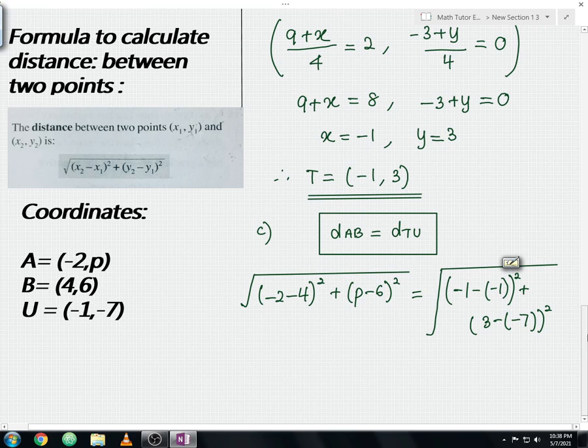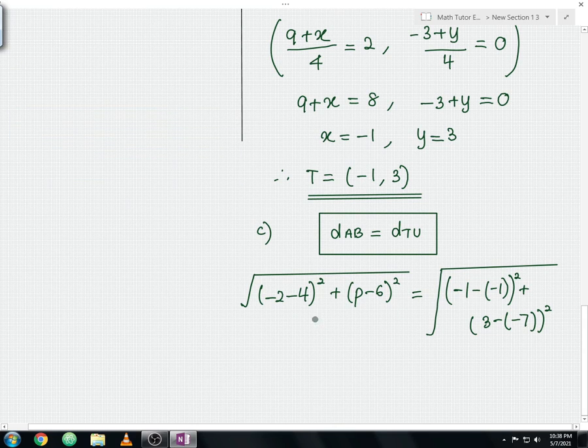Okay, so from here you calculate this. Negative 2 minus 4 you should get negative 6, so negative 6 squared you get is 36, and then plus P minus 6 squared. This expression we are not going to expand for now, we're going to hold it first. Once you have removed the square root symbol, then only we're going to expand this.